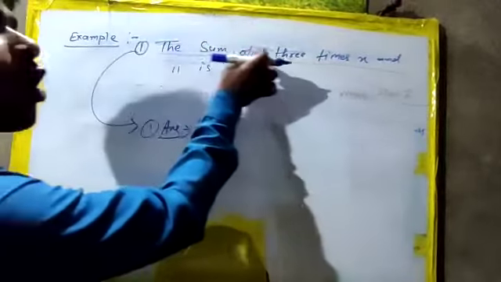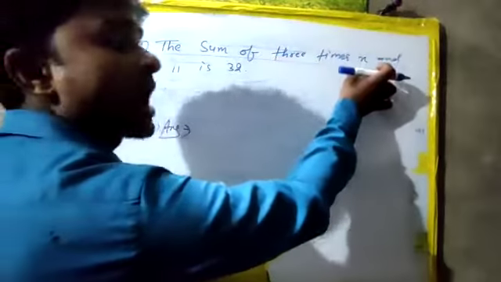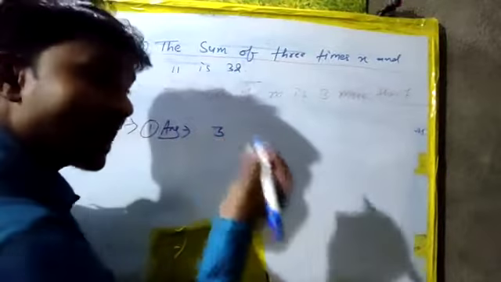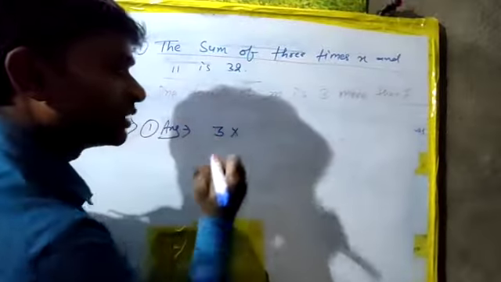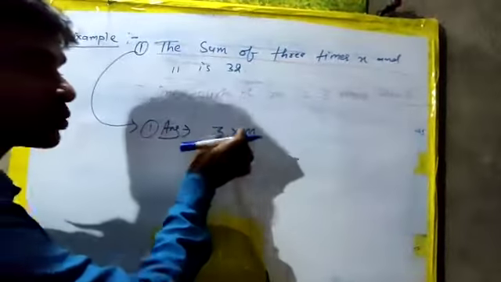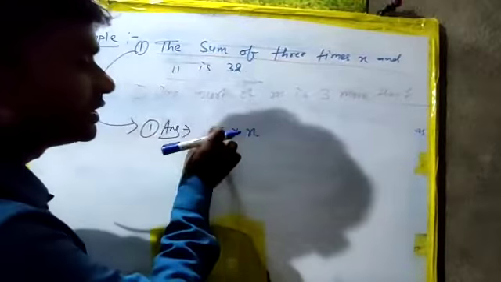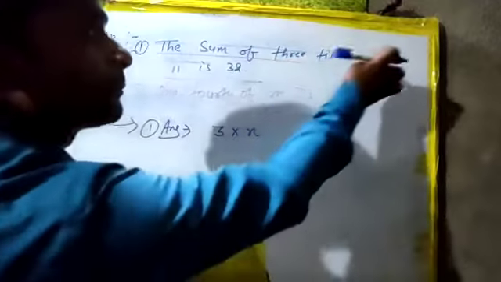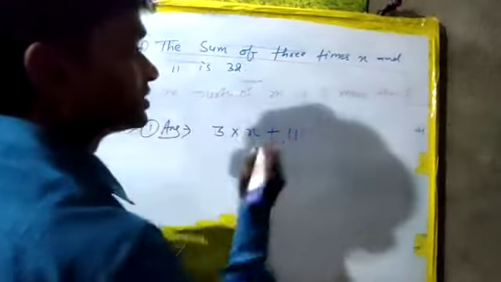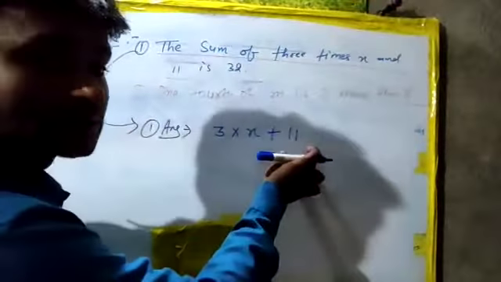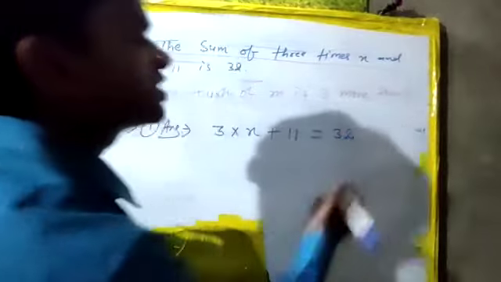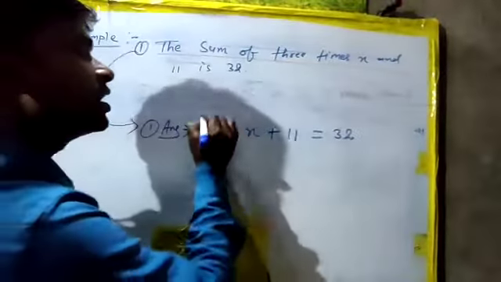The sum of 3 times of x means 3 is going to multiply by x, I mean x is also going to multiply by 3. 3 times of x plus 11, because sum means plus, is 32. So this formation is called an equation.